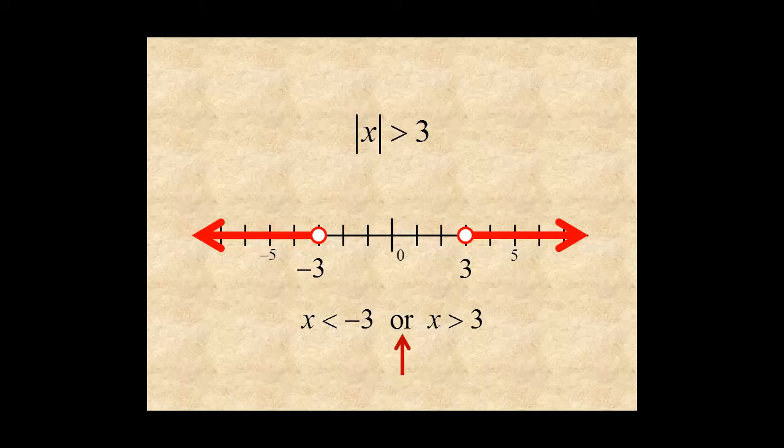So this absolute value inequality is equivalent to a disjunction. And therefore, it should seem reasonable that to solve an absolute value greater than inequality, you write and solve an equivalent disjunction.